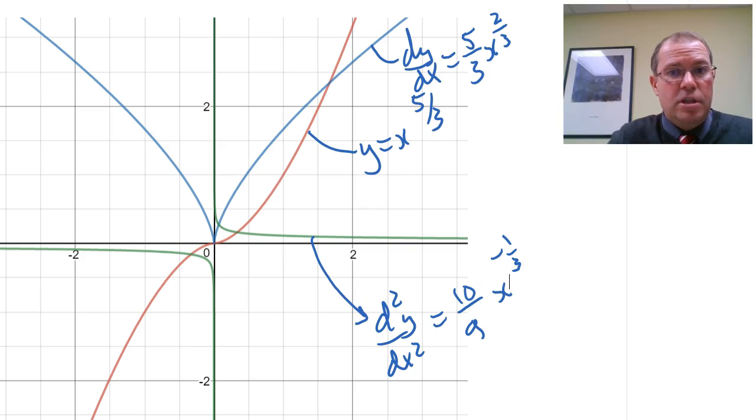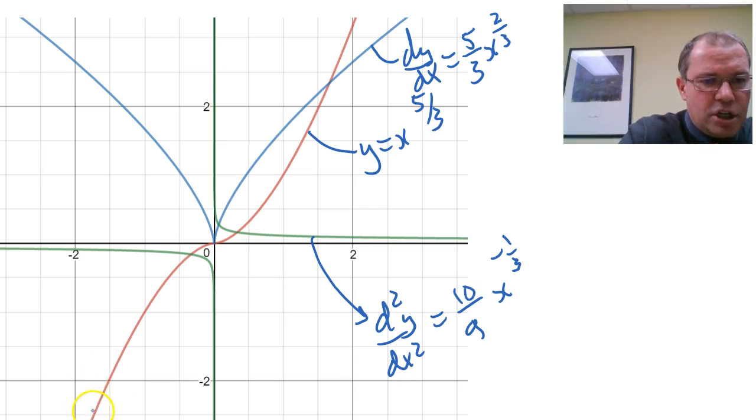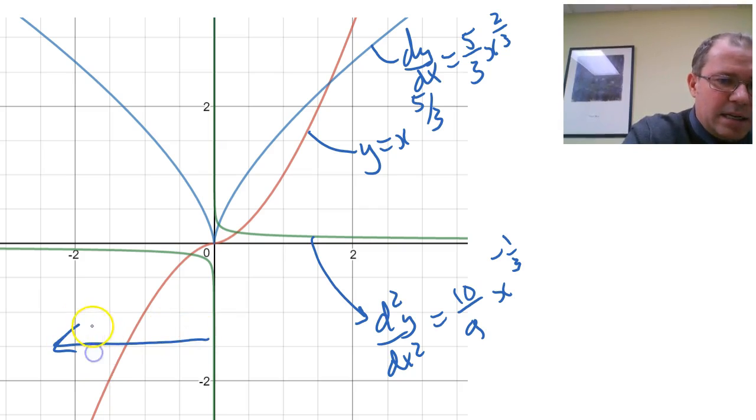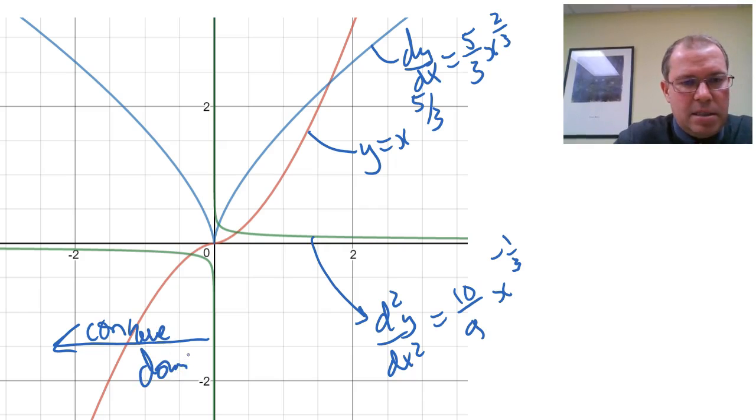And it might be useful to look at the actual graphs of these three functions, the original function, the first derivative dy/dx, and the second derivative d²y/dx², on the same set of axes. Notice a few things. The original function is concave down for x less than 0.